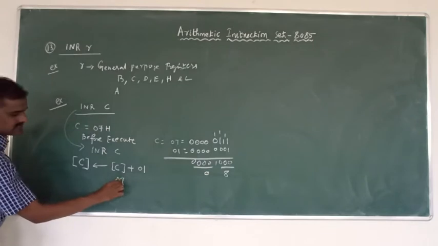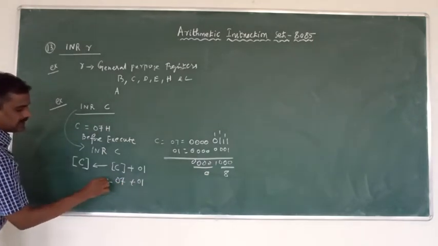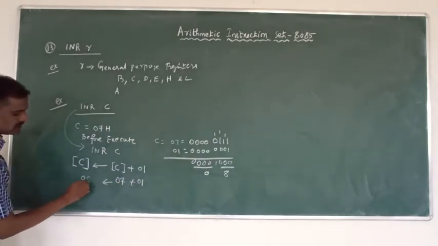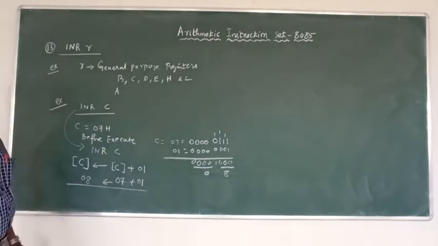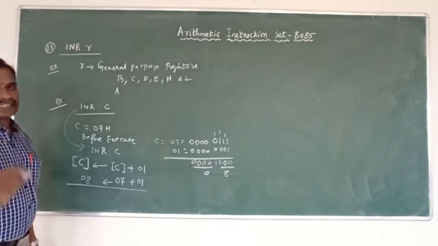This is 07 plus 01, and the C register will hold 08. This is for incrementing any 8-bit register content.